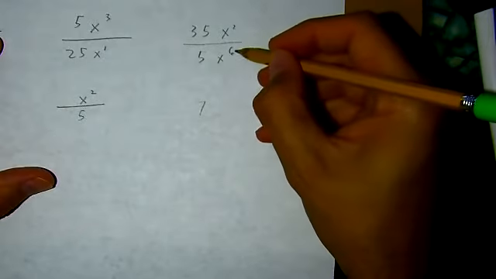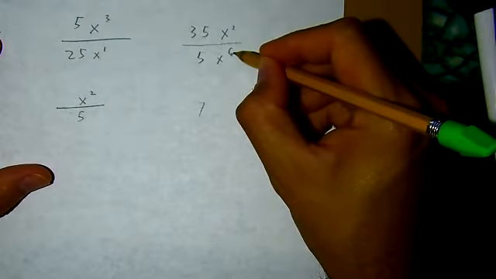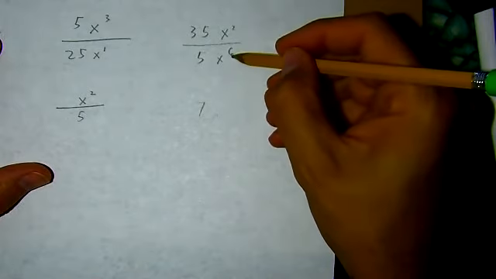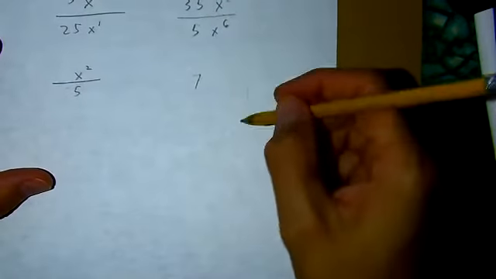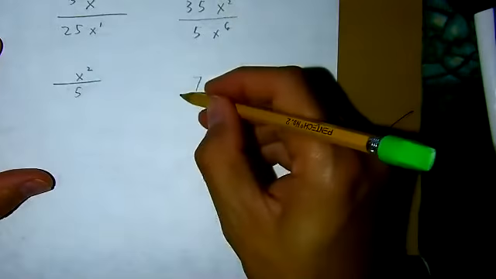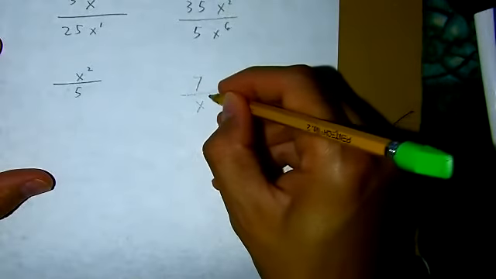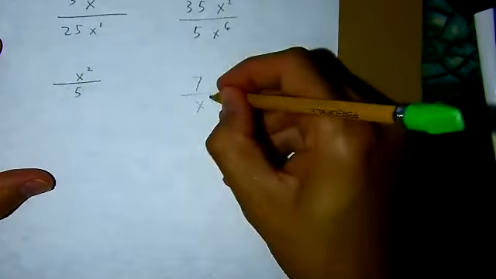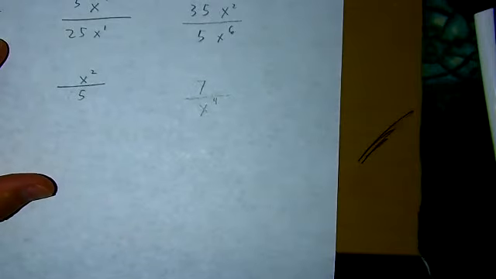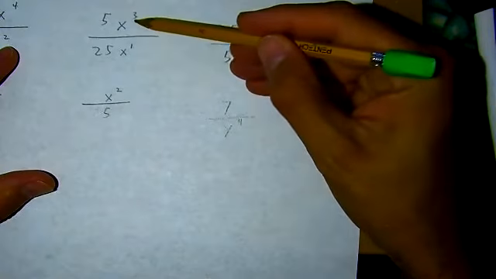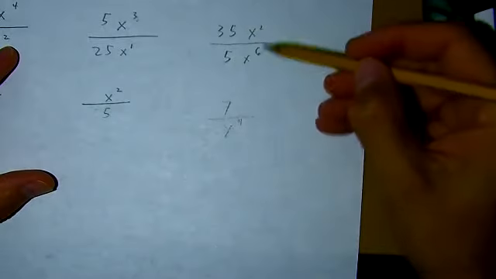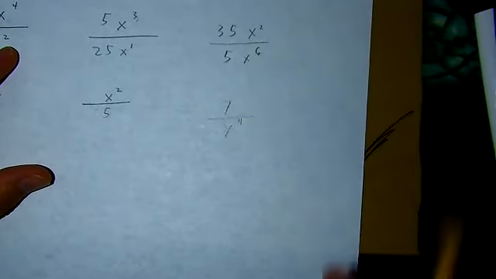But in this case, your larger exponent is at the bottom. So you subtract 2 from that, and you end up with 4. But that 4 has to stay at the bottom with the x at the bottom. The one on top goes away. So you end up with x to the 4th on the bottom. So wherever your largest exponent is, that's where your variable stays. The larger exponent was on the bottom, so it stayed at the bottom.